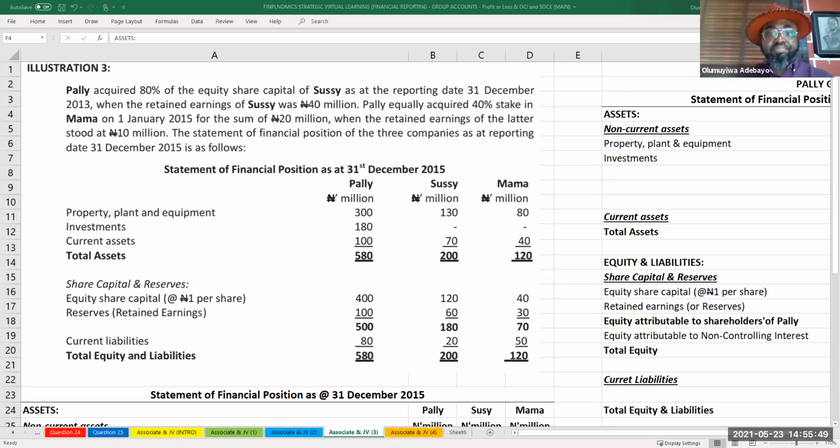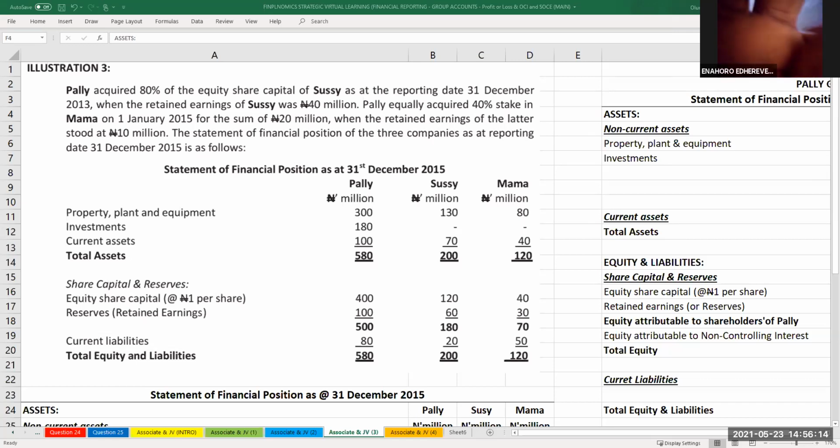So I said, equity share capital at 1 naira per share: Pali 400, Suzy 120, and Mami 40. Then we have the reserves, retained earnings: Pali 100, Suzy 60, and Mami 30.